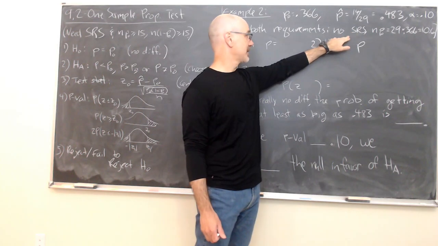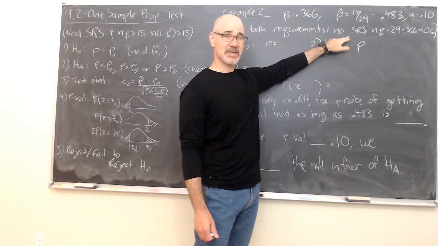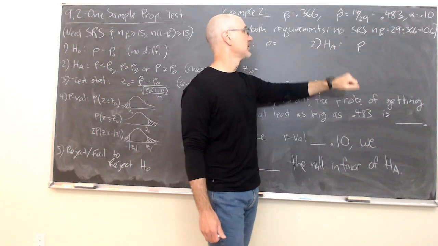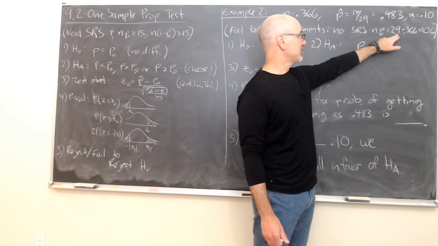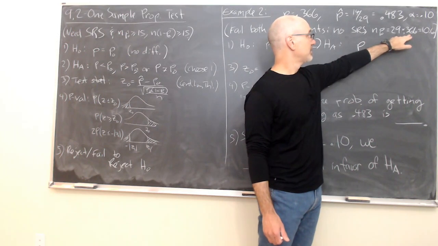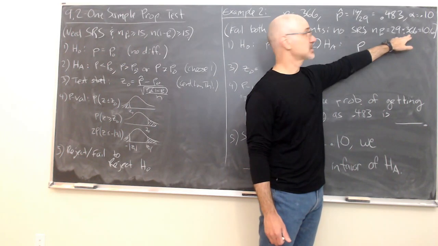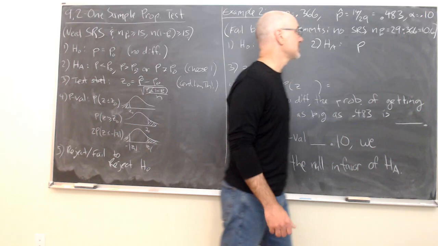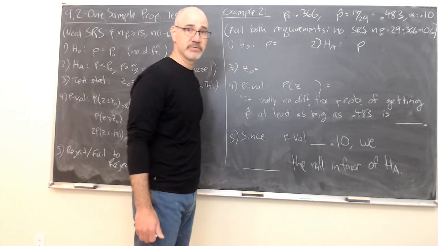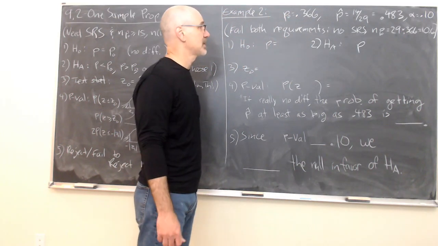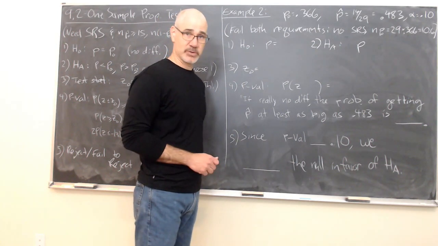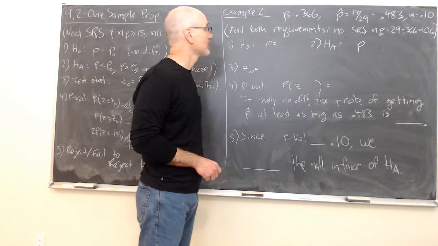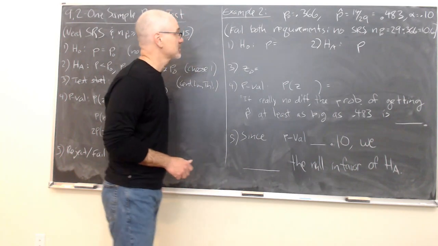So it's not a simple random sample, so we have to be kind of skeptical about the results to start with. And then the second thing is we actually don't have a large enough sample, because if you multiply n, which is 29, times the population proportion 0.366, we only get 10.6, and that had to be at least 15. Okay, so we needed a bigger sample, and it needed to be random, but it still works as an illustrative example for us. All right, so let's set up the test.